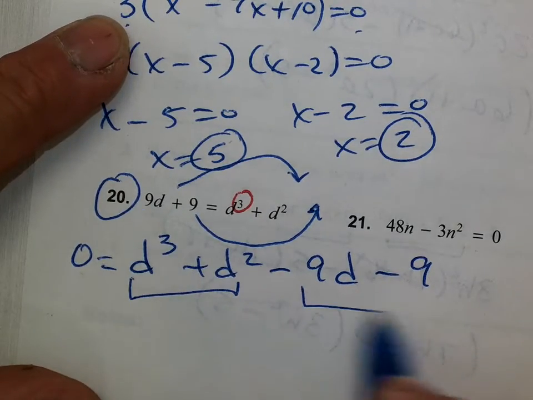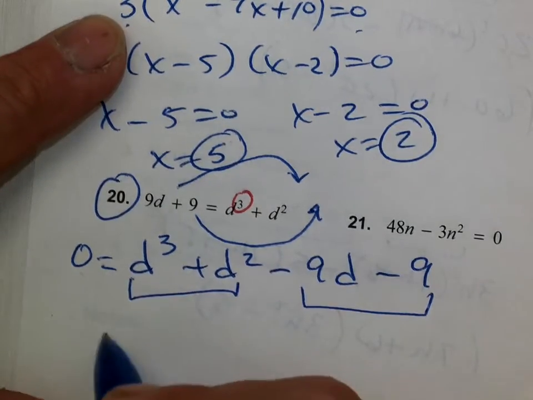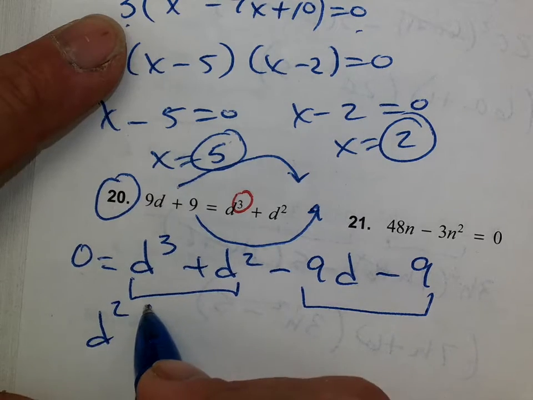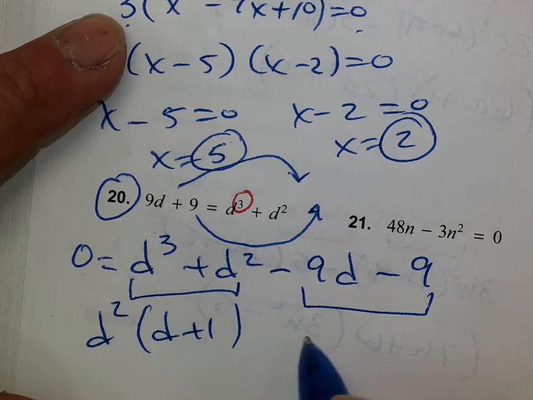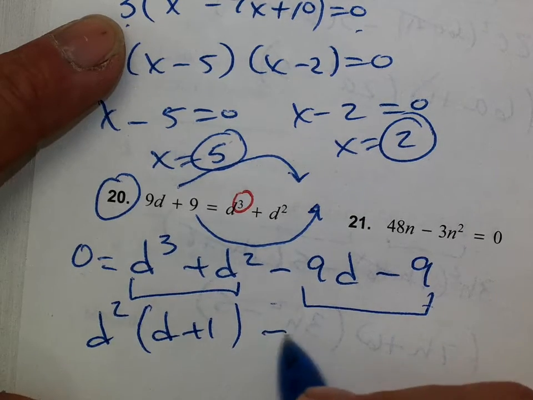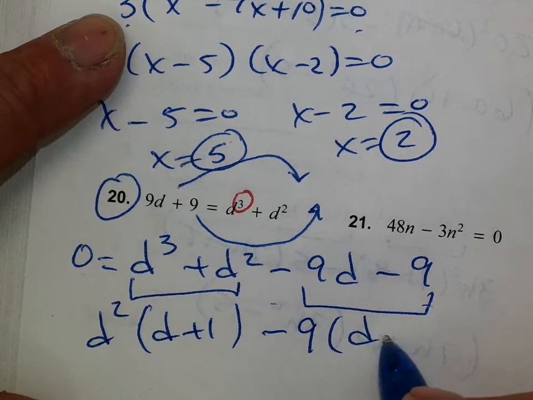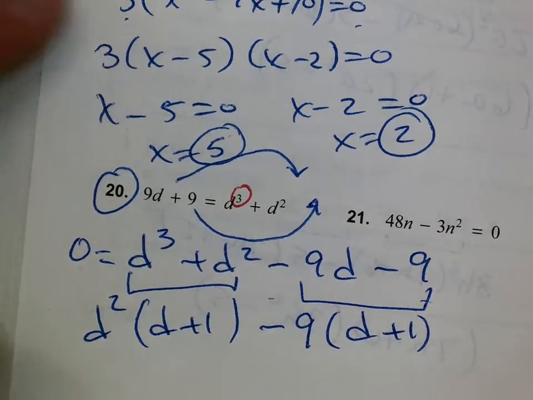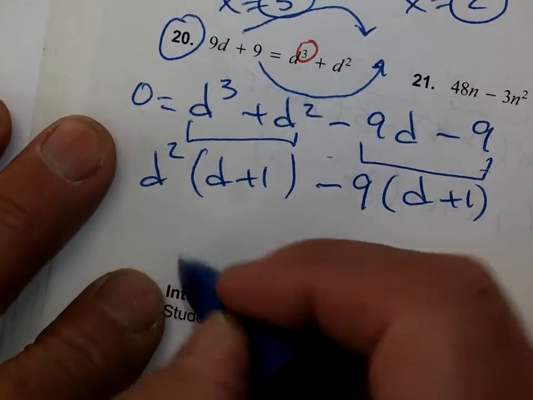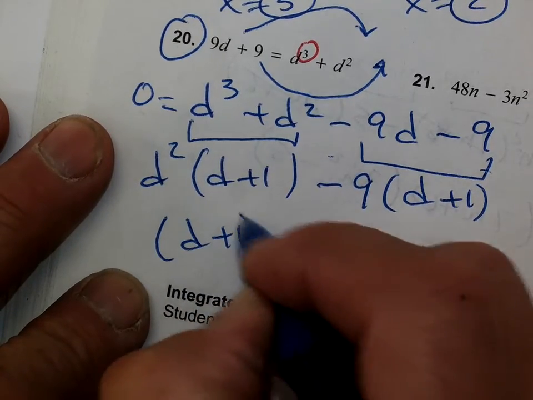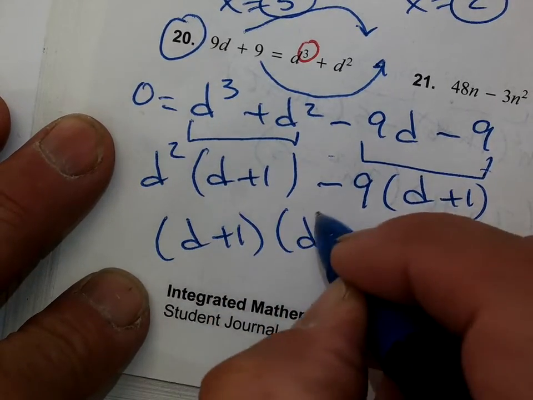Pair them up, right? Take out a d squared, and I'd have d plus 1. Take out a -9, and I'd have d plus 1, right? Yes. Okay, now, what do those two have in common? D plus 1. Great, so I'll take out a parentheses d plus 1 and a d squared minus 9.